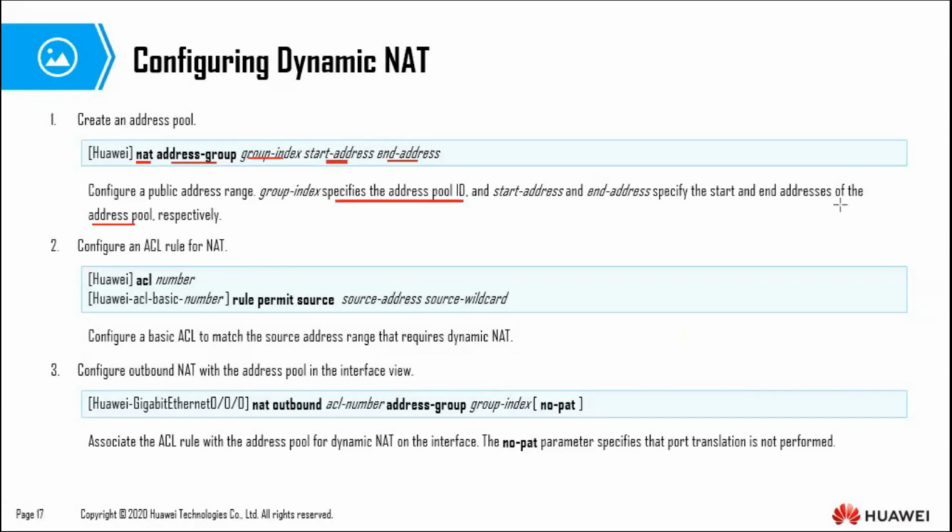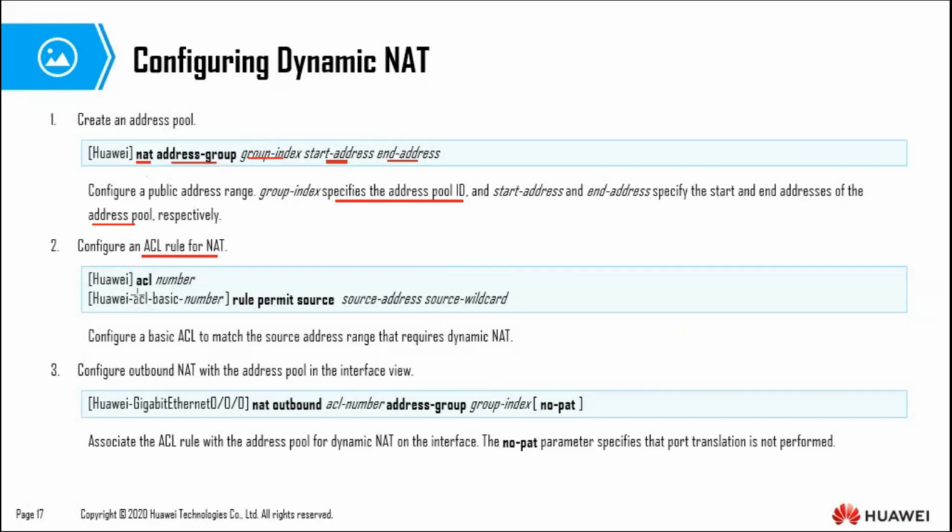For example, 200.0.1.1 to 200.0.1.100. So the pool. Now, after that, with dynamic NATing, you have to configure an ACL to match the private IP addresses.